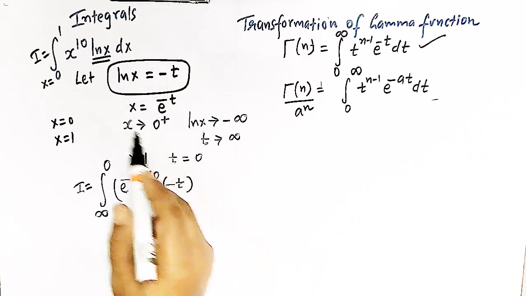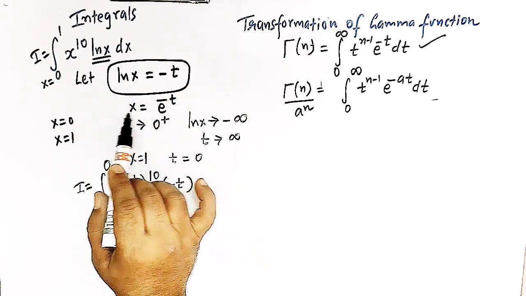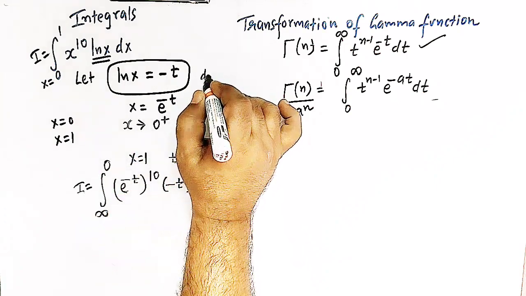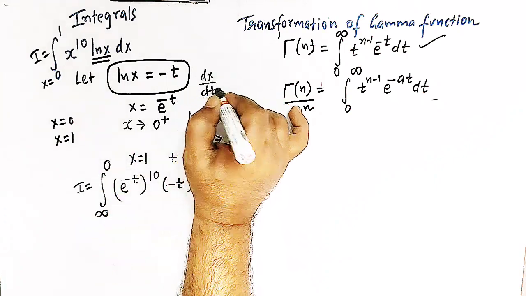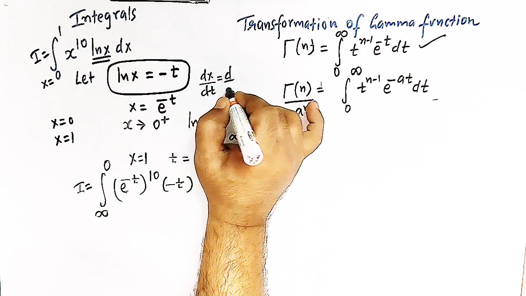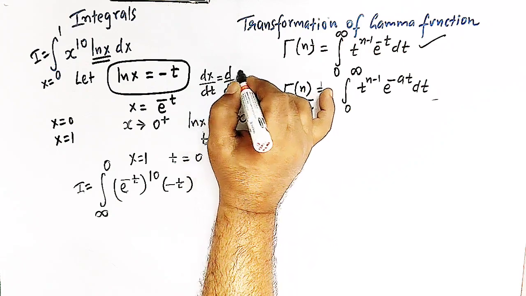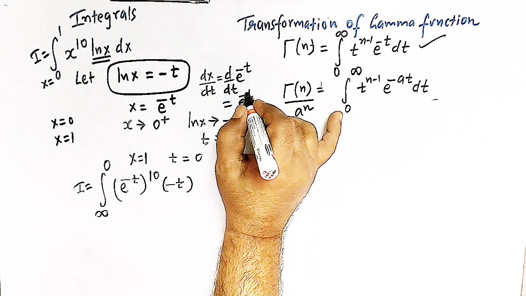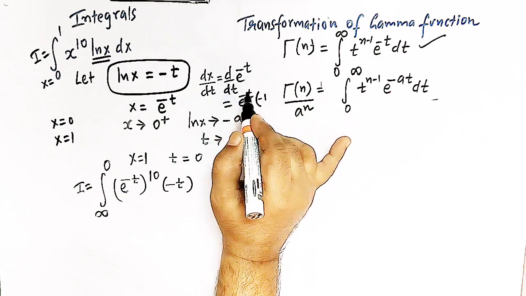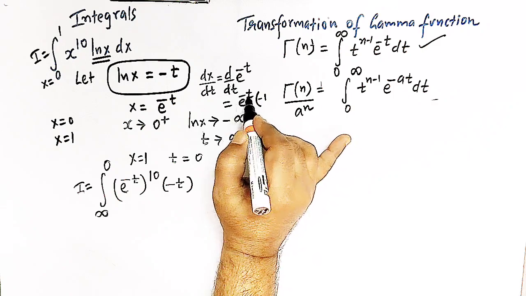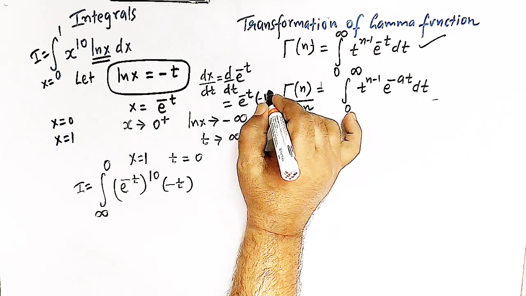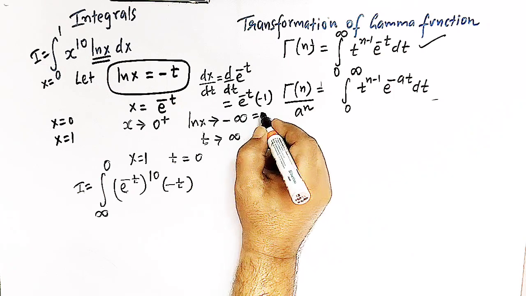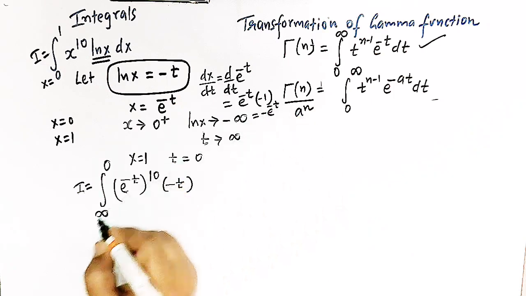For dx we differentiate both sides with respect to t: dx over dt is equal to d by dt of e raised to minus t, which by the chain rule is minus e raised to minus t.